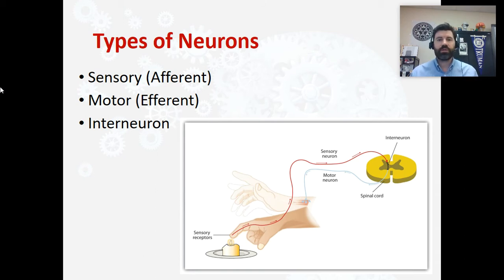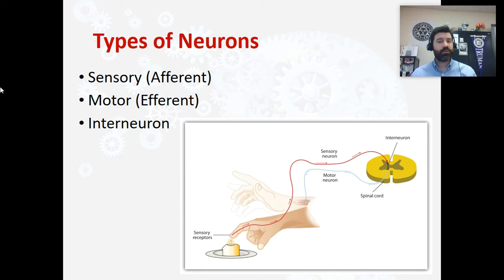We have sensory neurons all over our body. They're all over our skin, they're in our eyes, in our nose, our mouth, in our ears. And our sensory neurons are responsible for sending messages toward our brain. So that message travels up your hand, up your arm, toward your spinal cord through what we call sensory neurons.